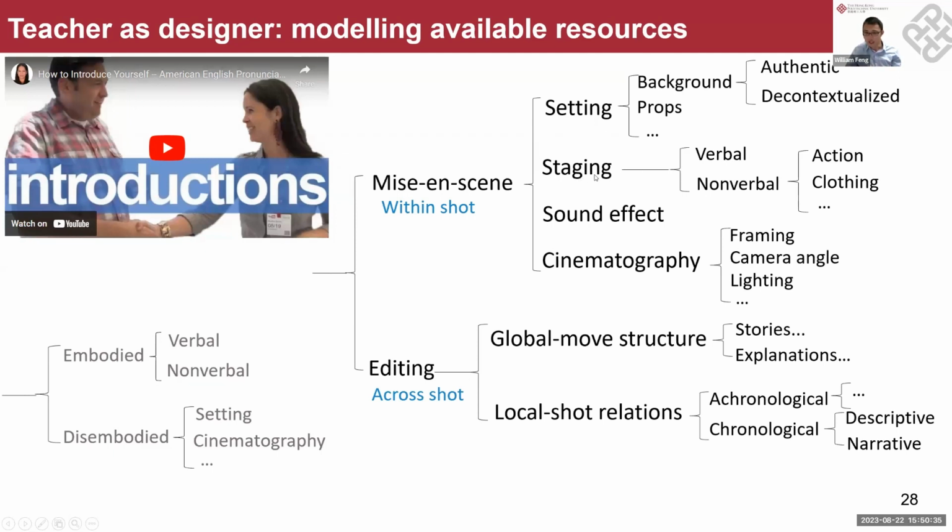So in terms of staging, then basically it's about actors and actresses, right? And here, of course, it's about the teachers and all the other participants. So their verbal performance, their nonverbal performance, and their nonverbal also includes all these actions and clothing and so on, right? And then in terms of cinematography, we see a lot of framing, camera angle, mobile framing, lighting, and so on.